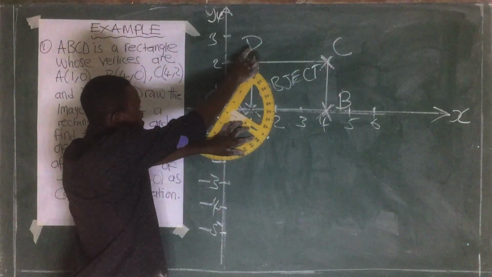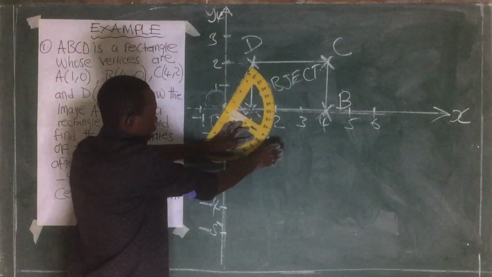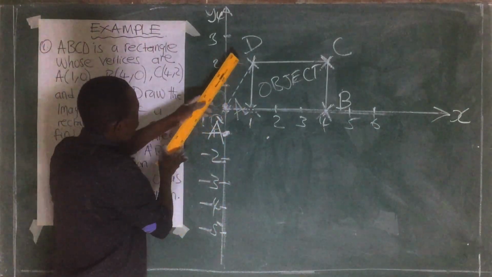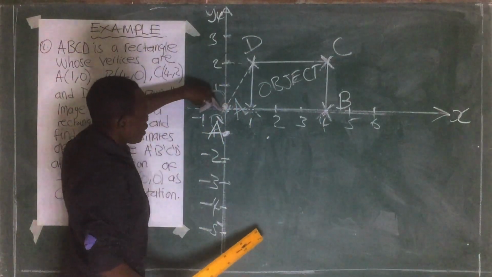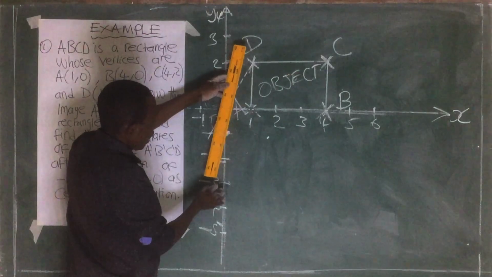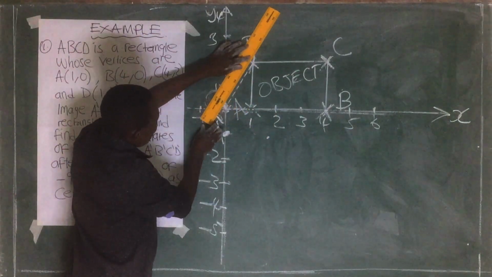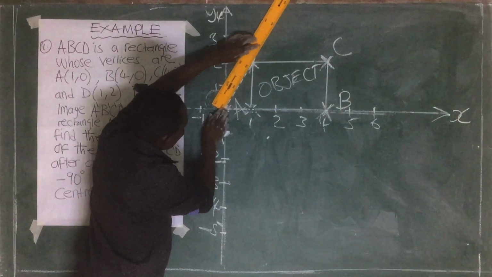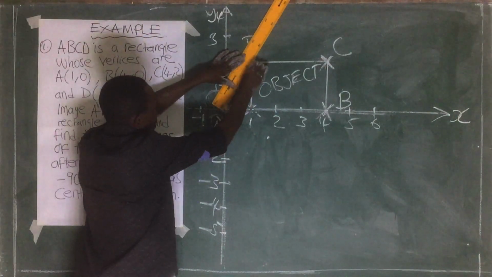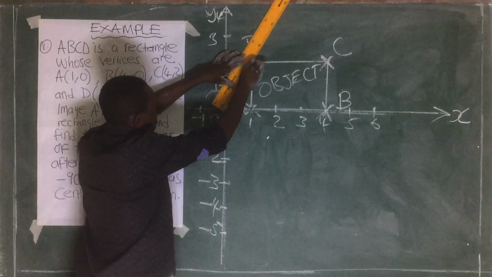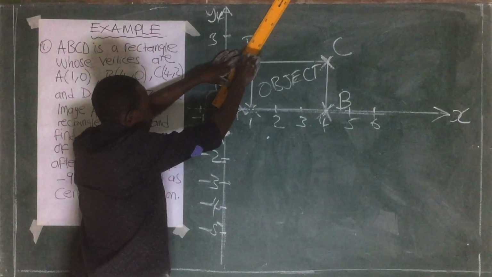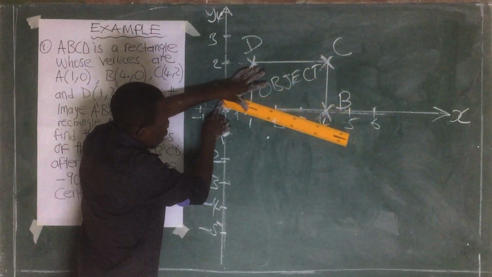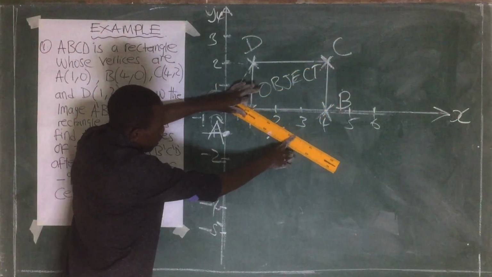Right. But now, the exact position of D, where is it? I'll measure the distance of D from center O. I have my ruler here, from the center up to point D. I'll mark somewhere here. That is the length, that is the distance. That has to be brought here and laid against that line of 90 degrees like this.